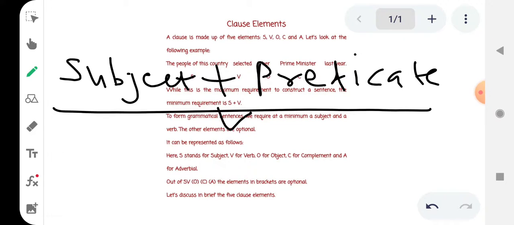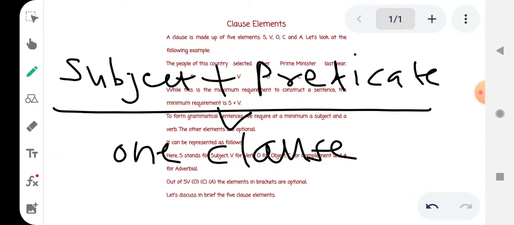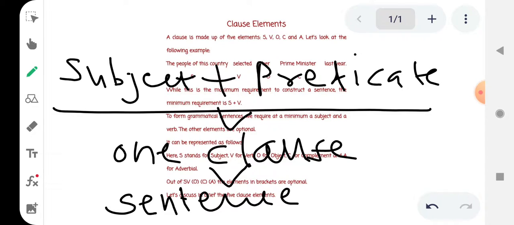This forms one clause. And to form a sentence, we require at least one clause. That means from one clause we can form a sentence. So this is the structure, subject plus predicate.